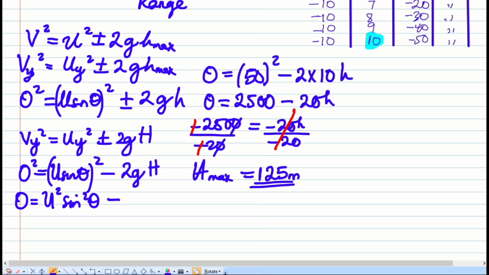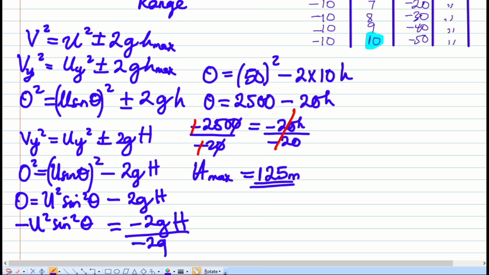Okay, then minus 2gh. So move U squared sine squared theta to the other side. It will now be negative U squared sine squared theta is equal to negative 2gh, which is the maximum height. So we just need to divide both sides by negative 2g to get h on its own. The negative 2g's are going to cancel and the negative signs will cancel on this side.